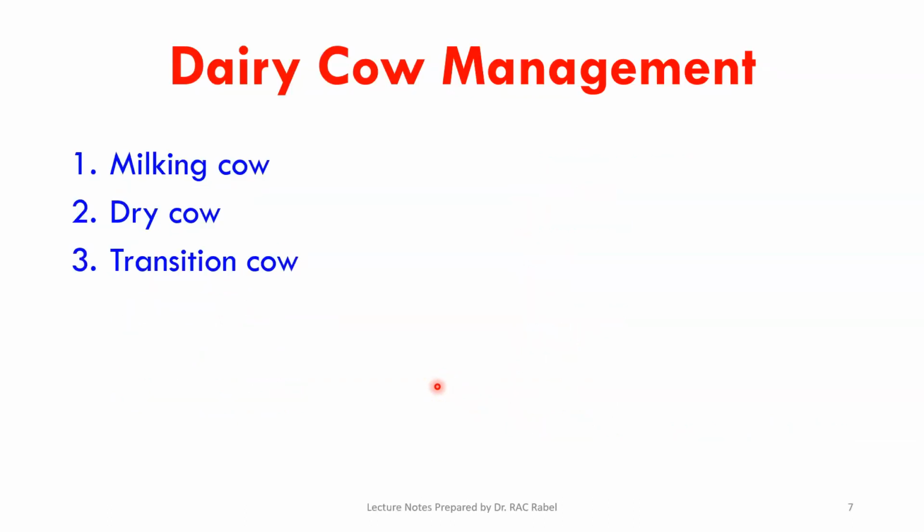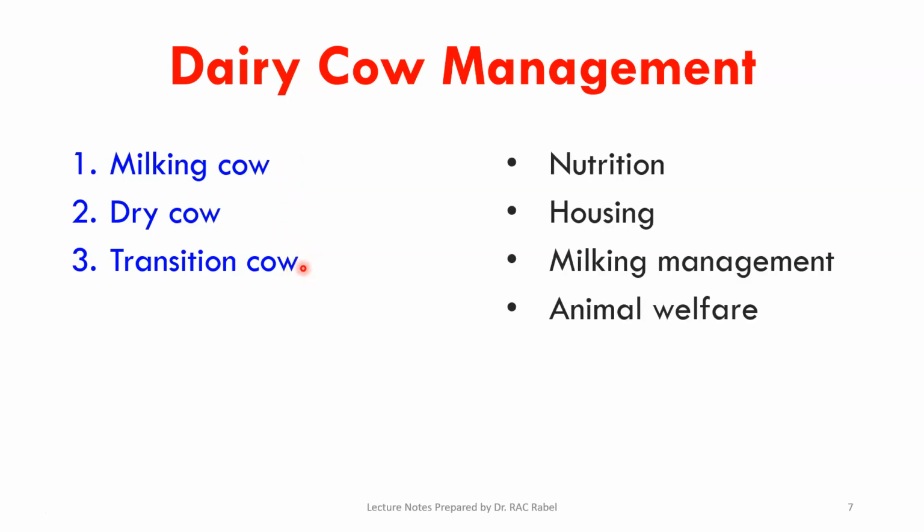Under this topic, dairy cow management, this is part one. We will be talking about the milking cow, the dry cow, and the transition cow mainly. Under each of these topics, we will also be talking about their nutrition, housing, milking management, and animal welfare. We'll finish the series off with culling and herd composition.